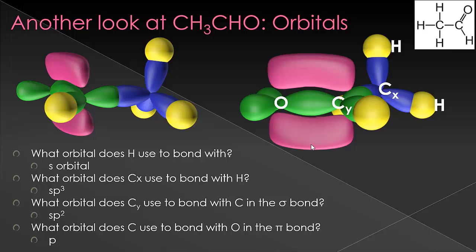Because oxygen has multiple options, either of those is right and acceptable. You could say that it was unhybridized and using its p orbitals to form all of its bonds, or that it was hybridized and using its sp2 orbitals for the sigma bond and its p orbital for the pi bond. Either of those would have been correct.